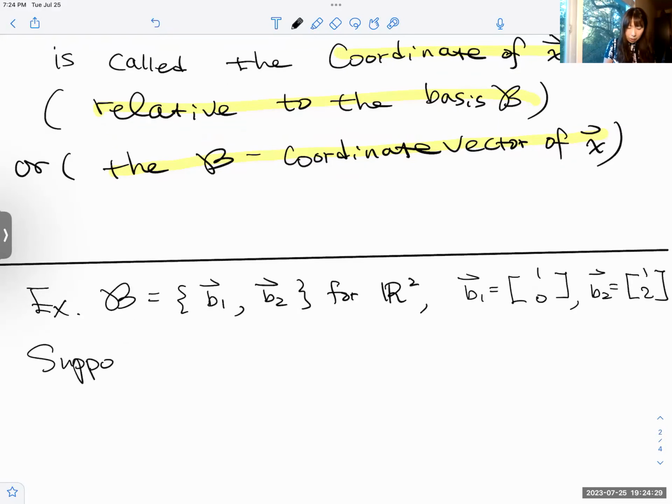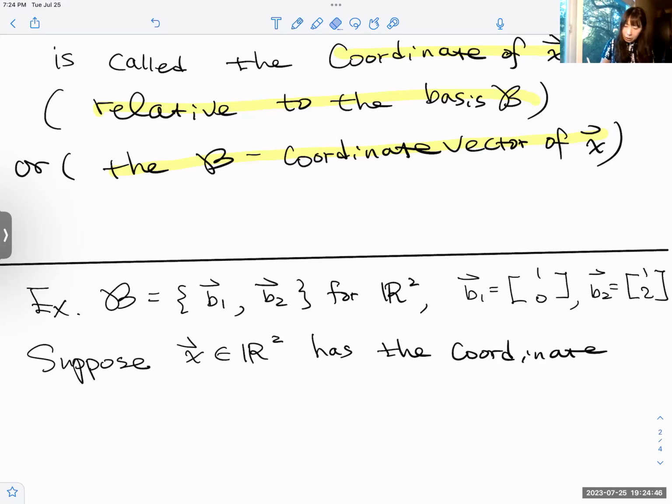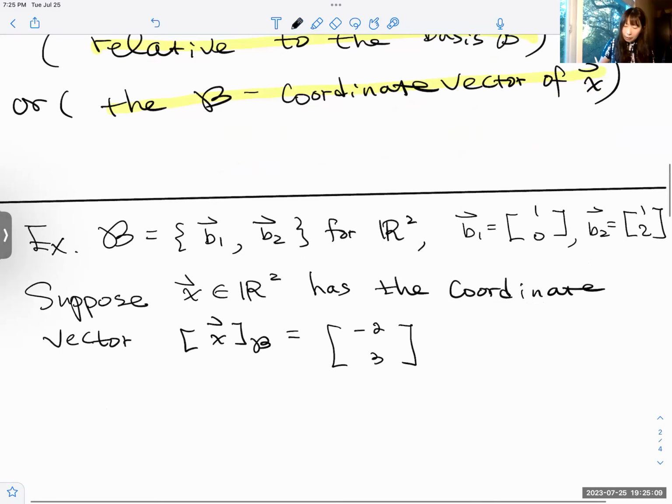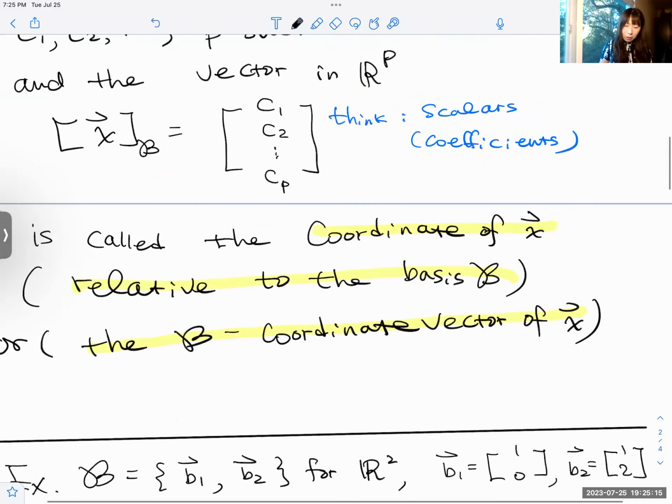Suppose the vector x is in R2 as well and has the coordinate vector, which we denote this way, equal to -2 and 3. Find the vector x.